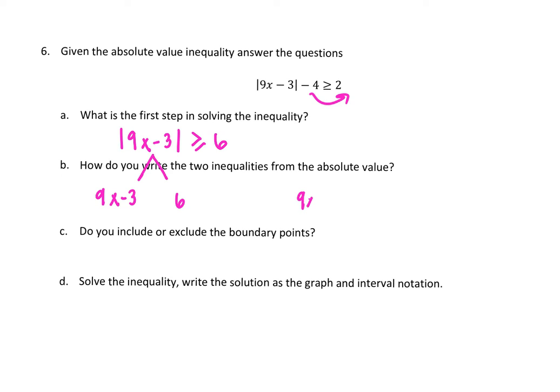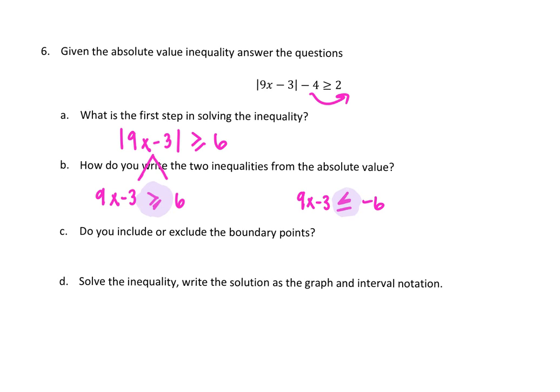And it would be 9x minus 3 equals negative 6. So on the positive one, we keep the sign the same. And on the negative one, because we multiplied that 6 by a negative 1, we need to flip the sign. So we have two signs. We write it with the positive, keeping the sign the same. With the negative, we flip the sign.